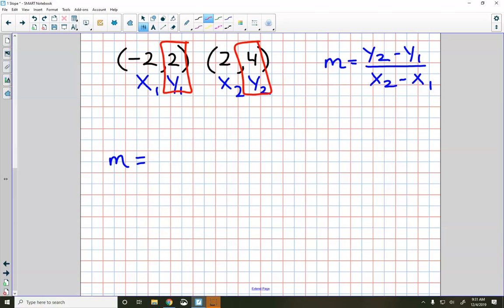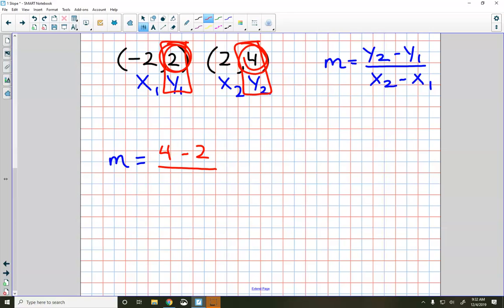So how does 2 and 4 change? We're going to take y sub 2, which is right here, 4, and write it there. Now the formula says to subtract. So minus, and then we're going to look at the 2 right here, y sub 1, and write 2. So we're writing 4 minus 2 in the numerator.